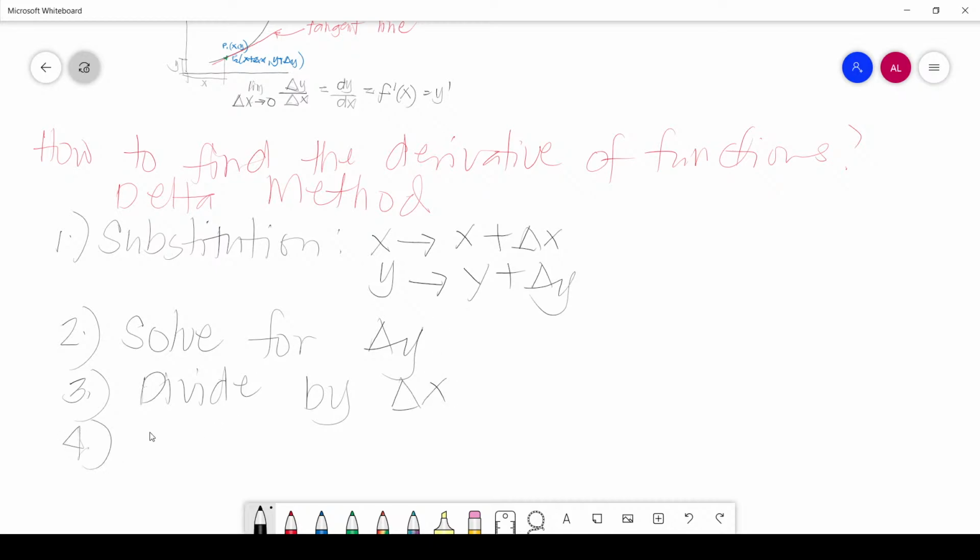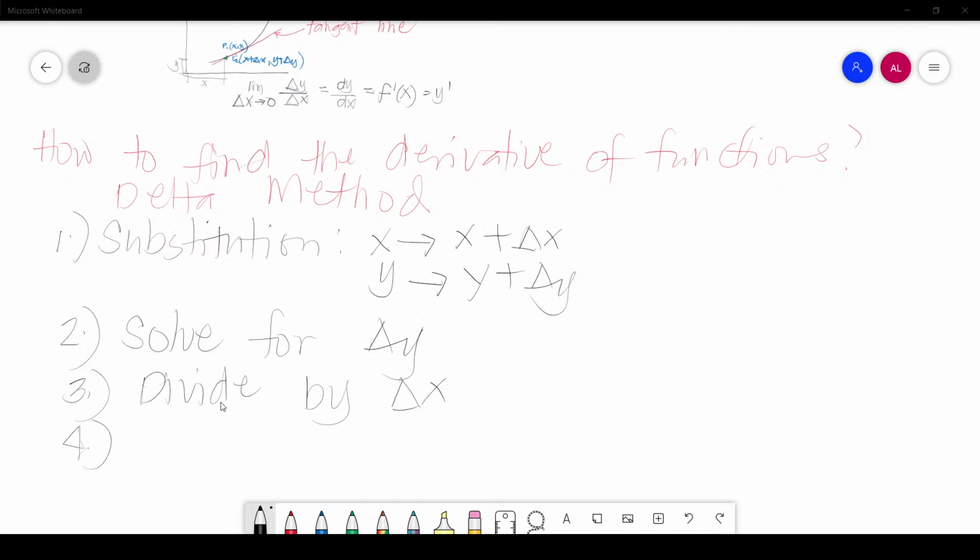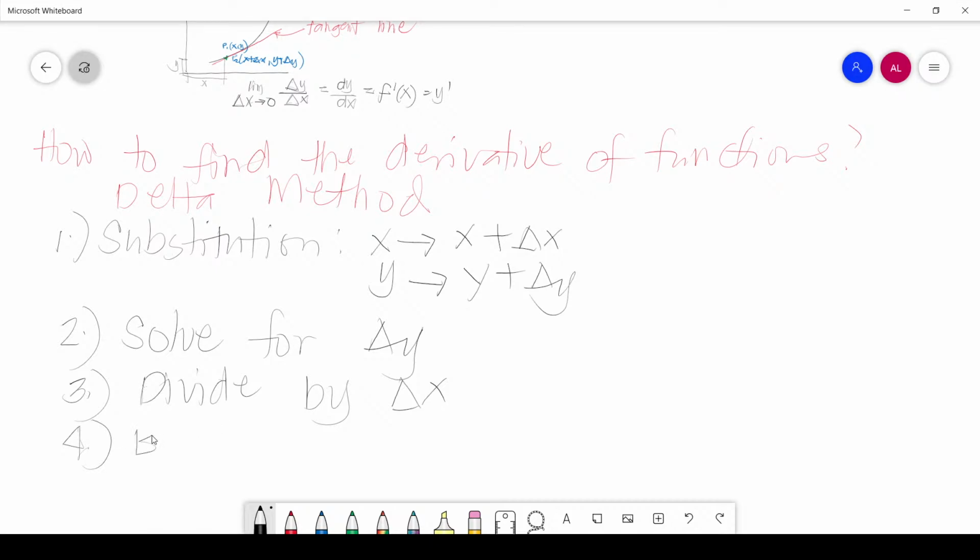Then after which, we evaluate the limit function as delta x approaches 0. Okay?